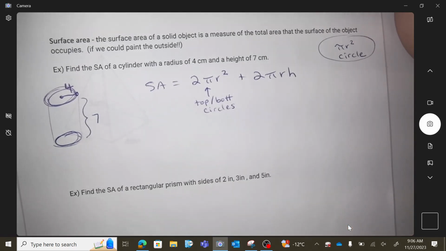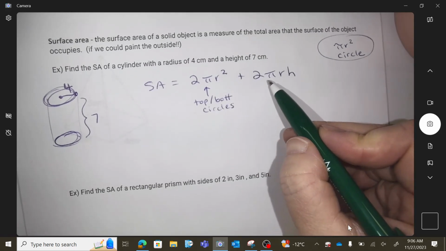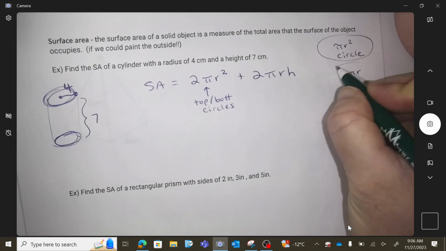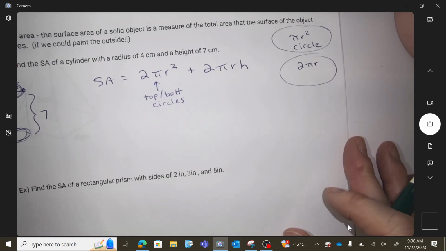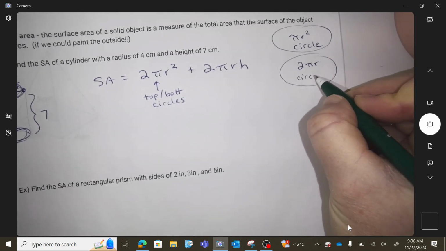Okay, that's going to be important to understand because when we get into composite objects, I might stack another shape on top of it. And the 2 pi r h, does anybody recognize this formula from your junior high math? 2 pi r, or pi d, circumference.